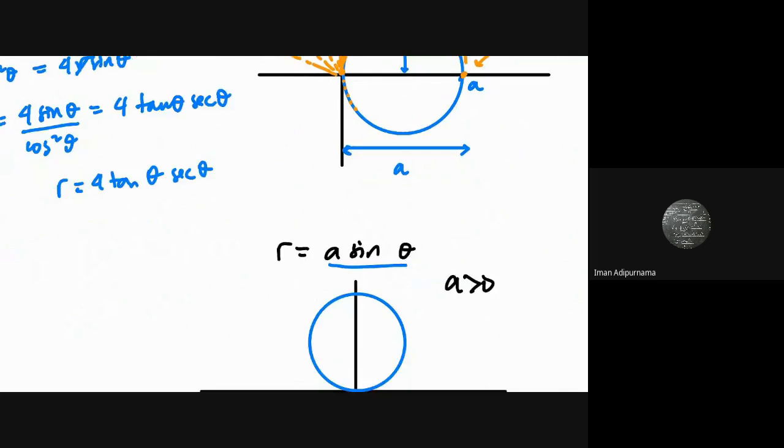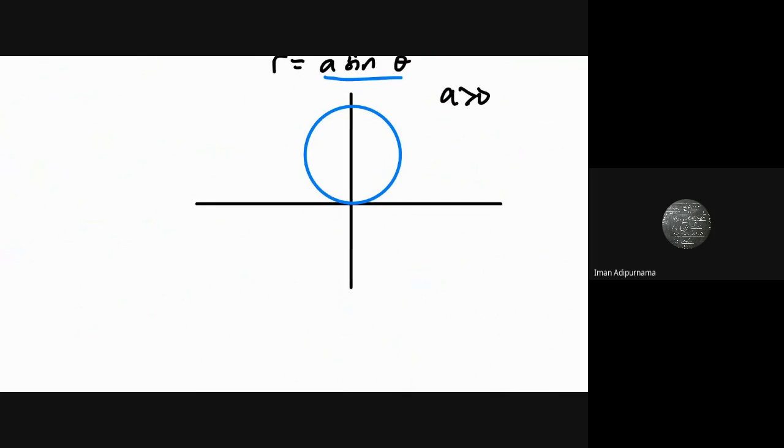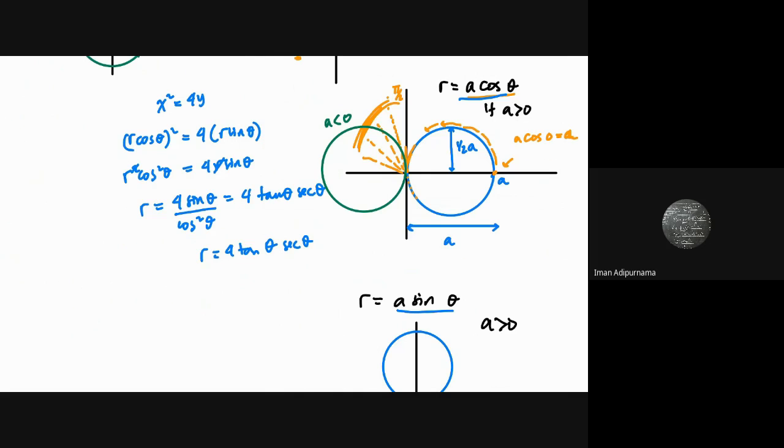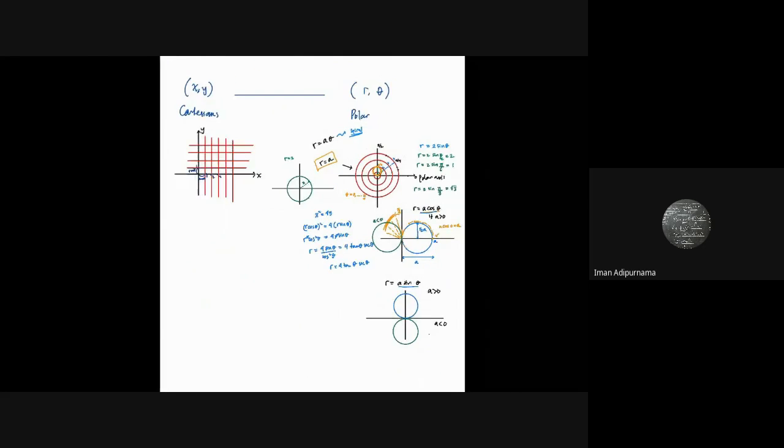And they have another when the a is negative, this will be the circle. And for the cos, the circle will be here when a is negative. Now that is the first types.